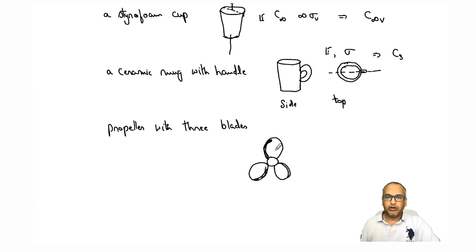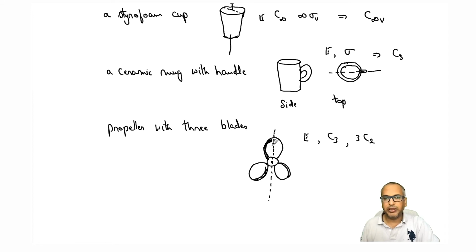Now what will be the point group? What symmetry elements will it contain? You have E, then you will have C3 passing through the center and perpendicular to the plane of the board, and you will also have 3 C2s. The C2s will be bisecting each blade like this, in the plane of the board.